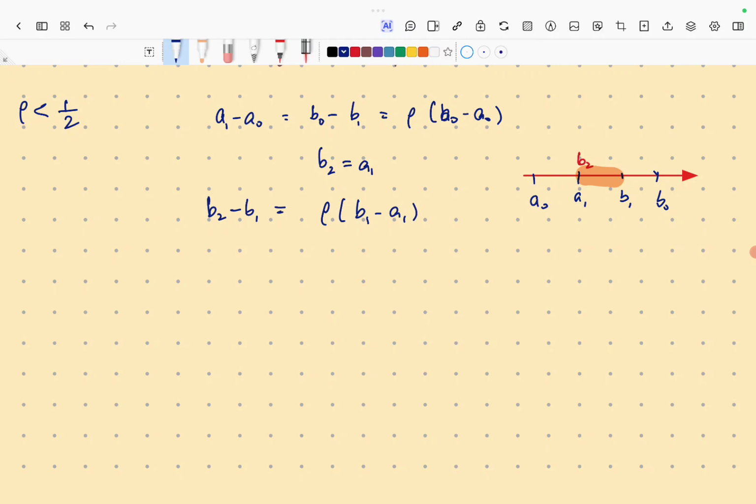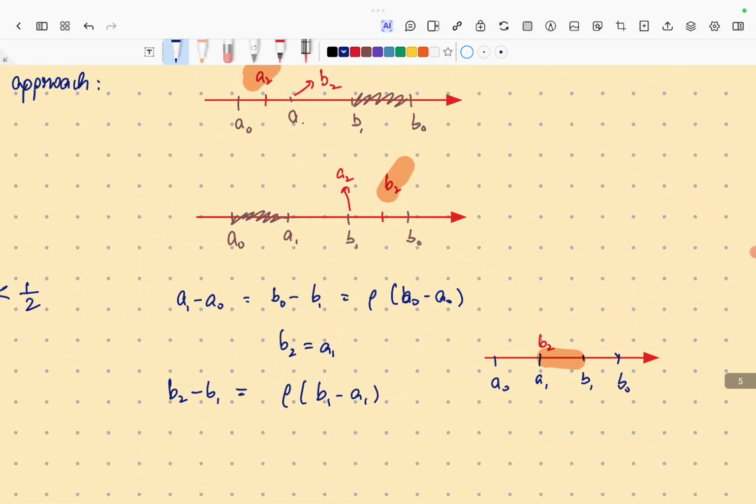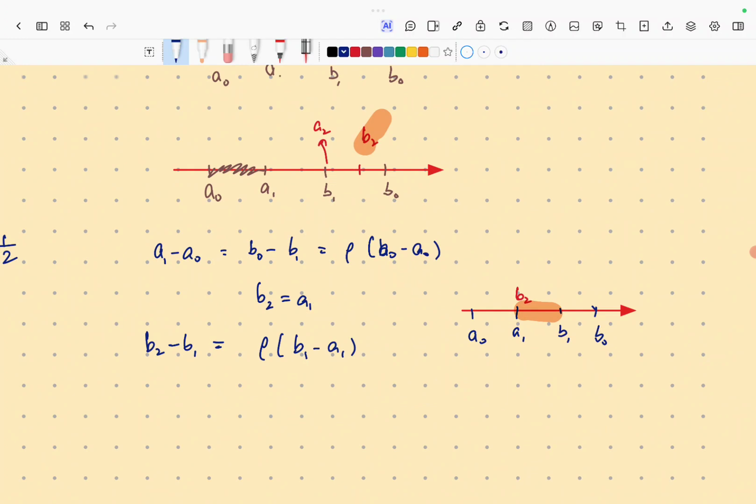Do you agree with this part? Because I basically want it at every step. So at each step I want A_{t-1} minus A_t, which should be equal to rho times B_{t-1} minus A_{t-1}.